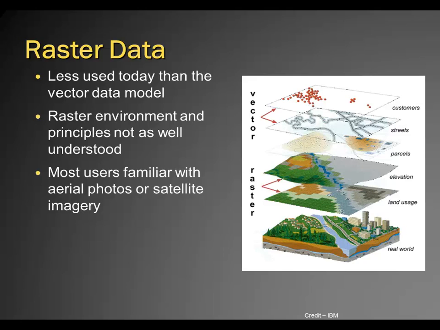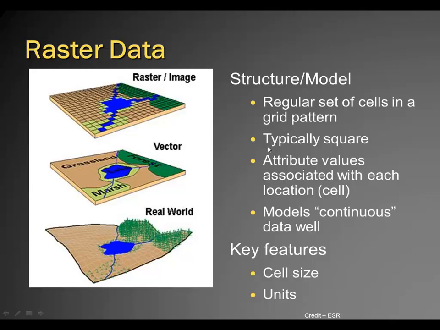Most people are familiar with vector files, which would be simple files that show the streets and roads, their lines, points, lines, polygons. The raster you probably use quite a bit, but it's within a photo or within a satellite. And it's a series of checkerboards which represent a continuous surface. But it's an idea that isn't as well understood.